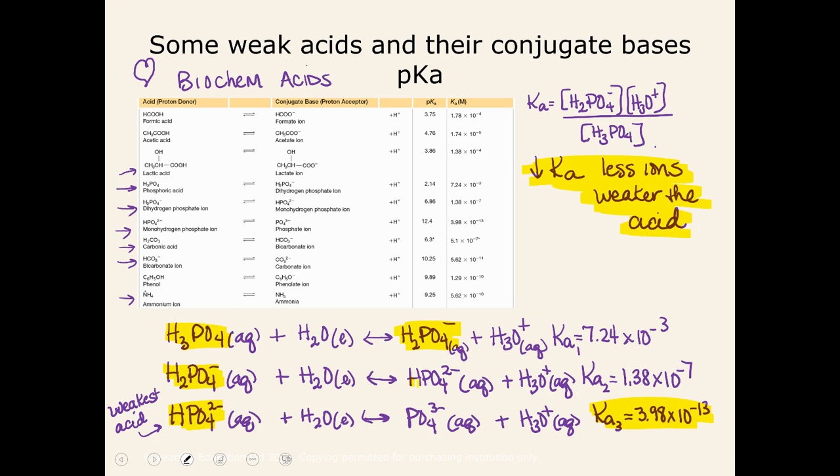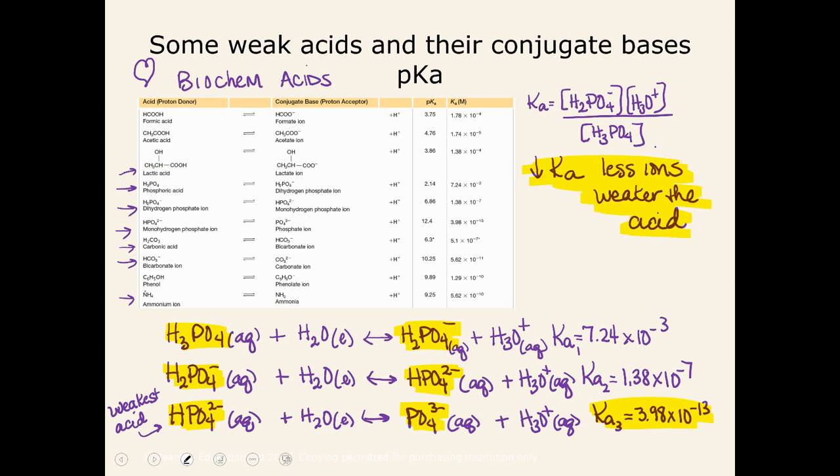H2PO4 minus, its conjugate is HPO4 2 minus. And then HPO4 2 minus, its conjugate is PO4 3 minus. So these are three different acid conjugate base systems, each with their own Ka. We don't mix and match them.